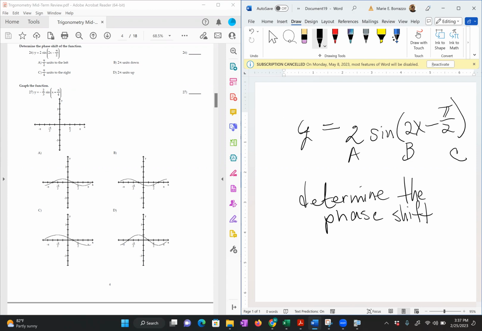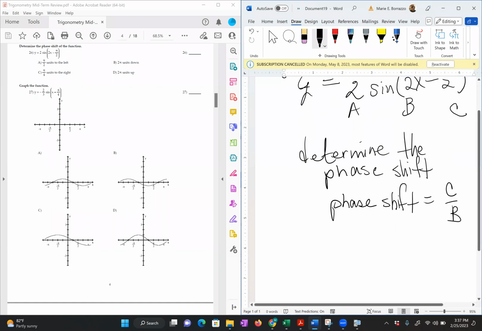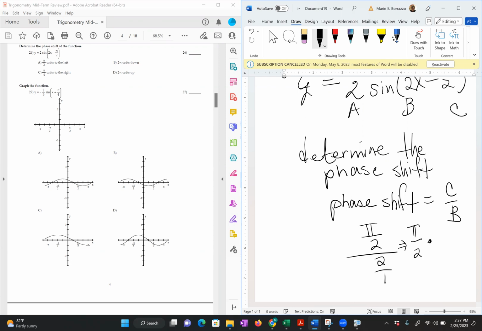So in this case, number 26, we should have determined that the phase shift is C, because phase shift, so stop and listen, phase shift is equal to C over B. And that means that I have pi over 2 divided by 2 over 1. If we keep, change, and flip, then our answer will be pi over 4. That would be answer choice C for this one.